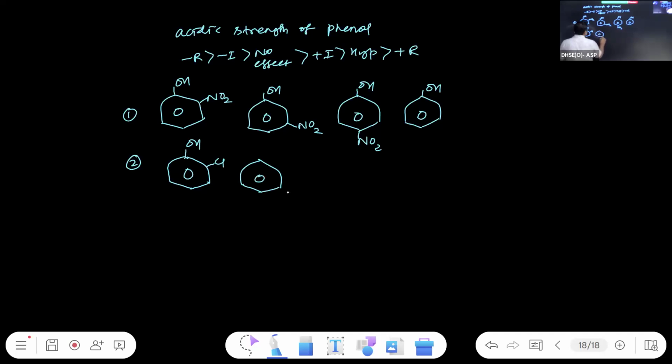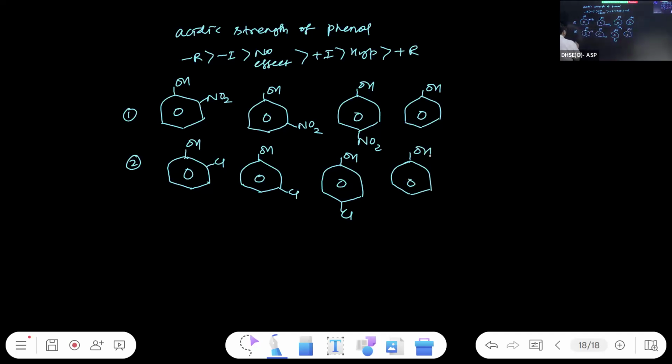Ortho, meta, then para, then phenol. Quickly arrange the acidic strength. You have to follow this order. It will be easier to solve.